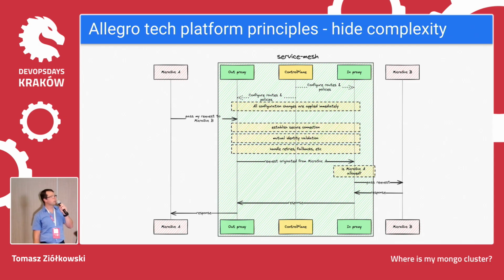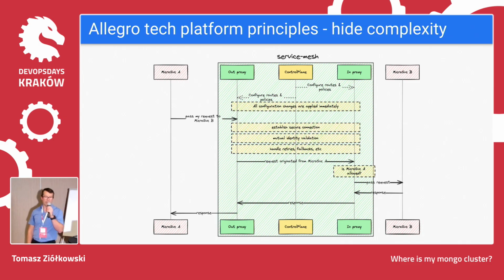All communication goes through the service mesh, and that communication involves a lot of processes that include establishing a secure connection, verifying if the two sides of the connection are the proper ones, handling retries, circuit breakers, and so on and so on.